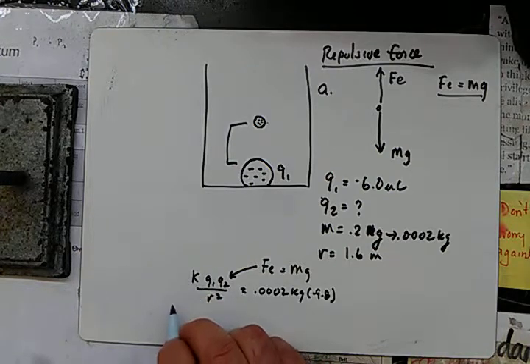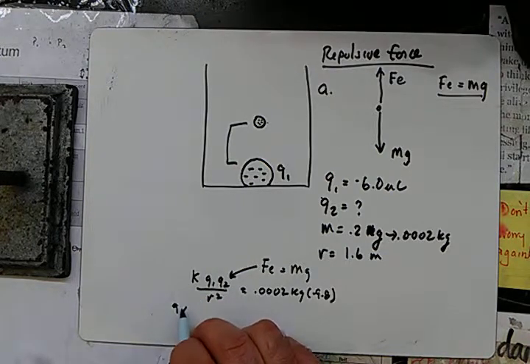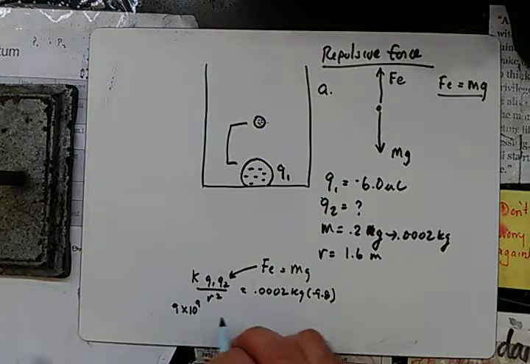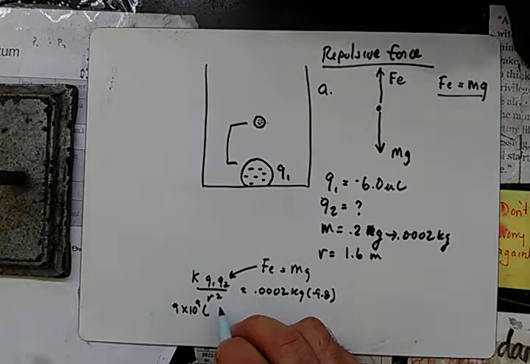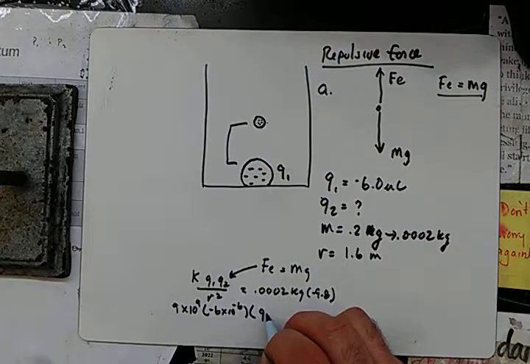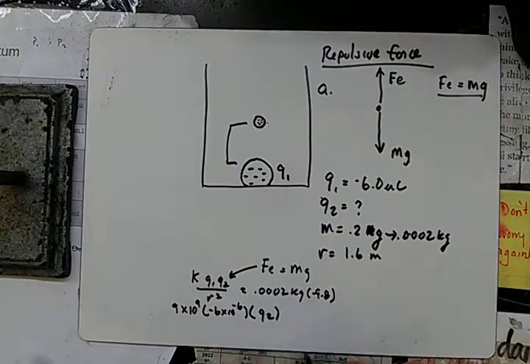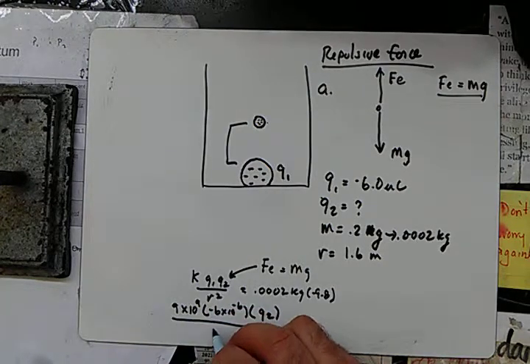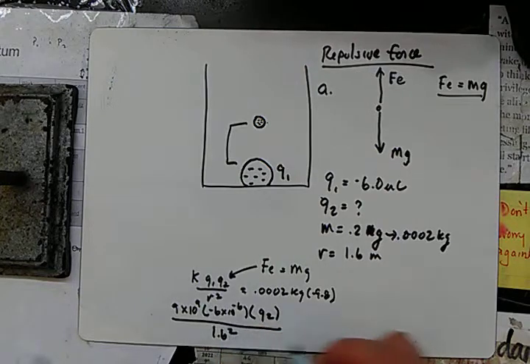So K is 9 times 10 to the 9. Q1, we gave a charge of -6 times 10 to the -6 coulombs. Q2, we don't know. Radius squared, 1.6 squared, equals the multiplication here, which would be 0.0002 times 9.8.